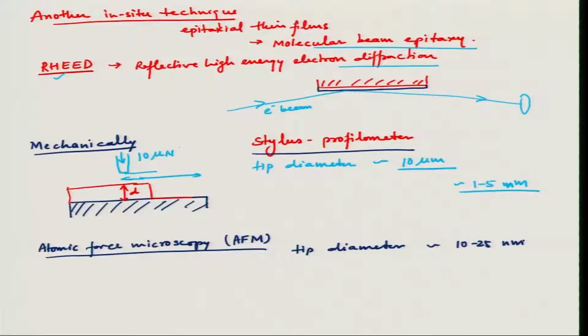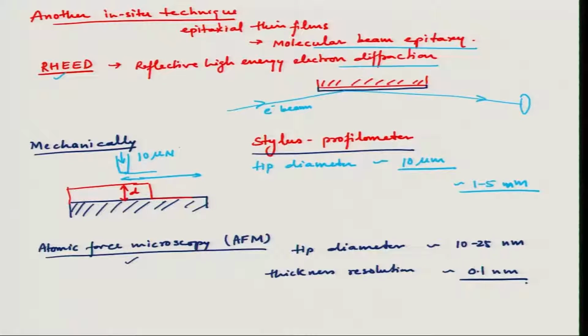And also the thickness resolution is around 0.1 nanometer. So, you can also measure very thin films and the roughness of the film using atomic force microscopy. And this is a very sensitive technique, so you would usually use it for very thin films or very smooth films.